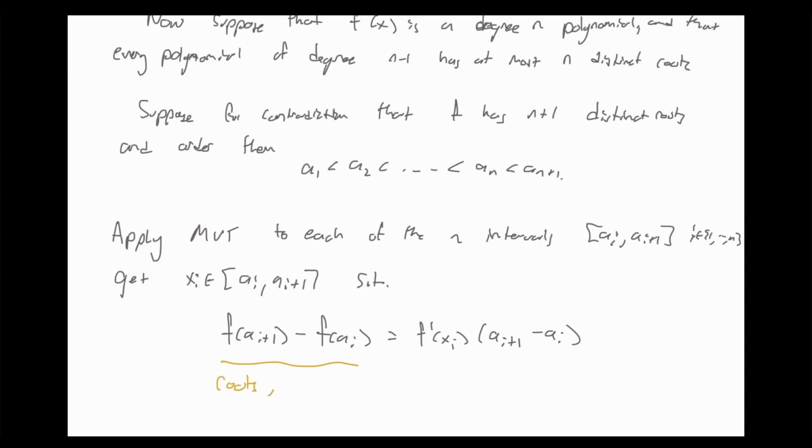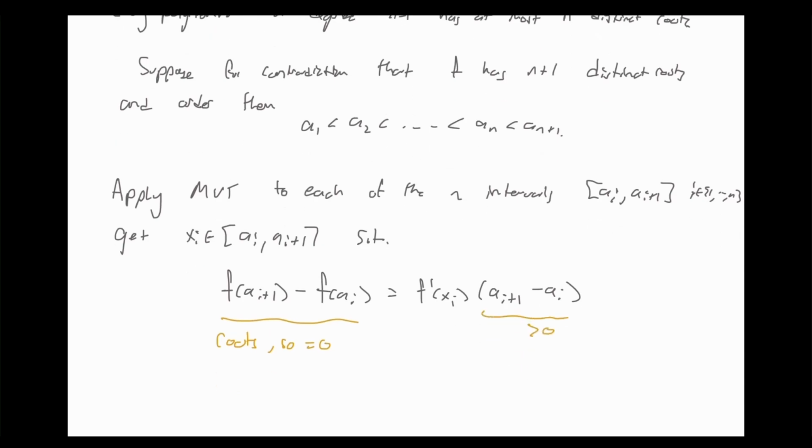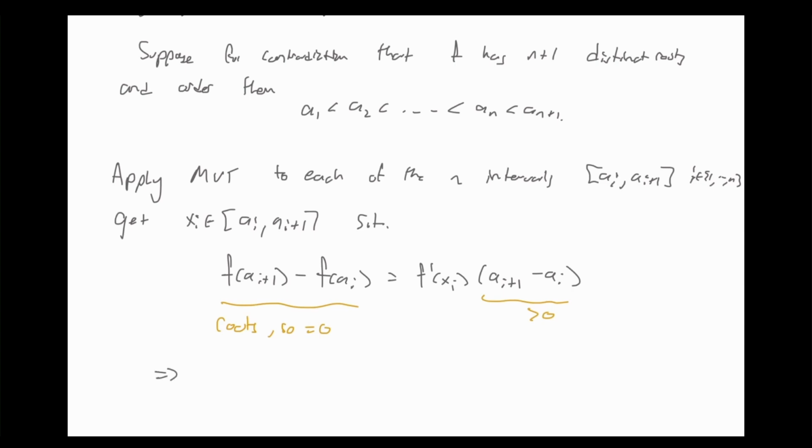But of course, since the a_i are roots of f, the left-hand side is just 0. And I know that a_(i+1) and a_i are distinct, so a_(i+1) minus a_i is strictly greater than 0. It's not 0, which implies that f prime of xi must be 0.